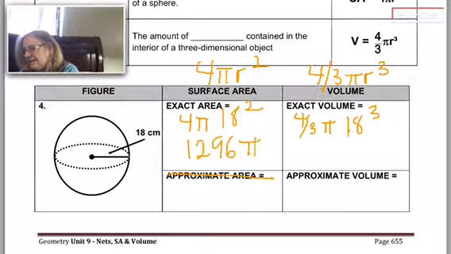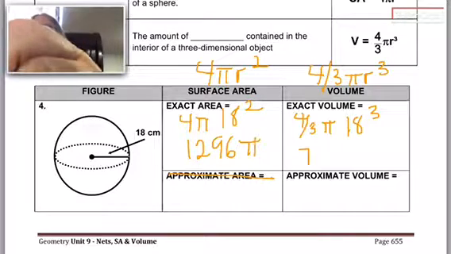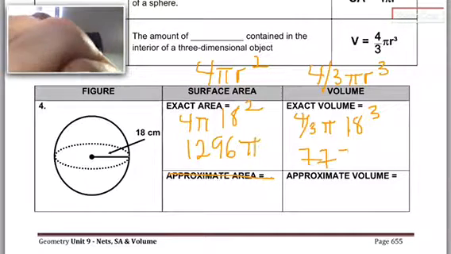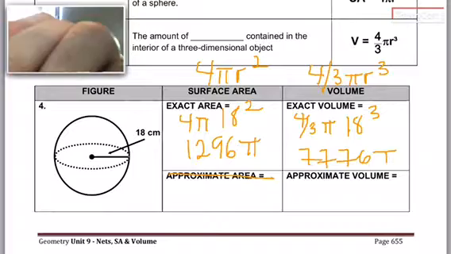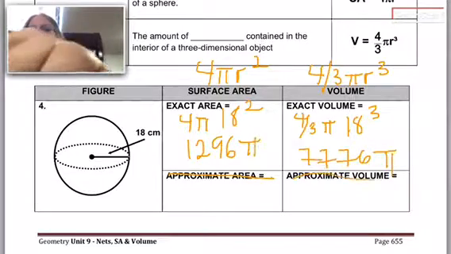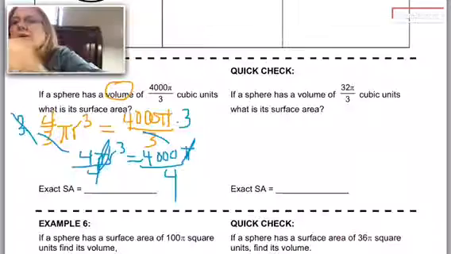So 18 to the power of 3 times 4/3. And that is 7,776 pi. And again, don't worry about the approximate.